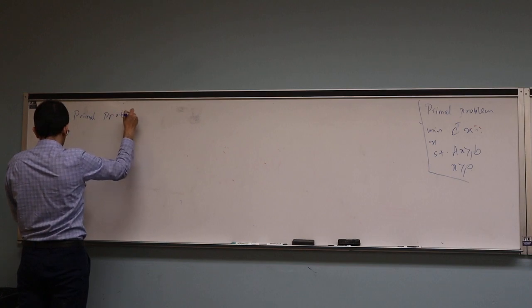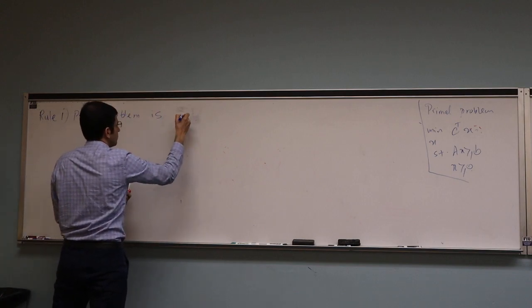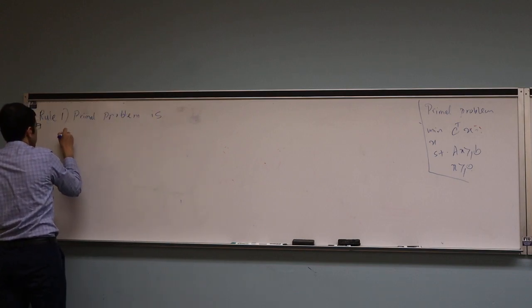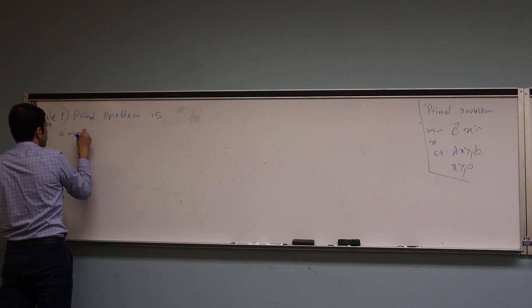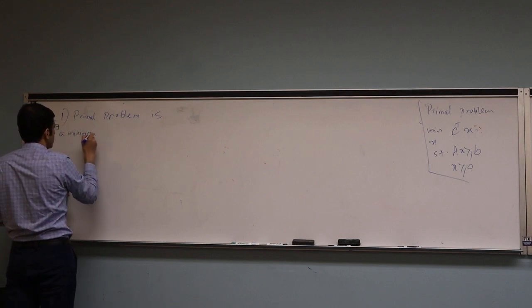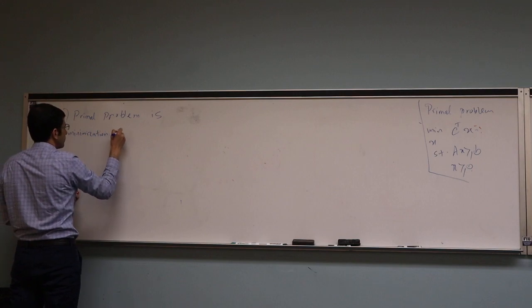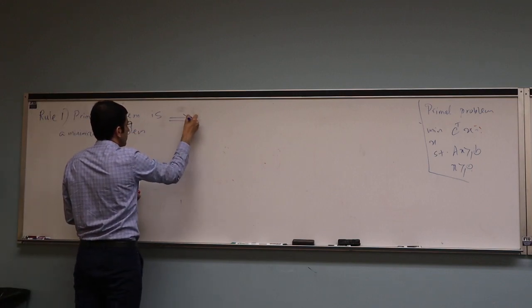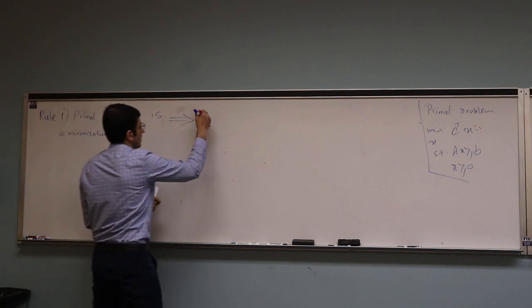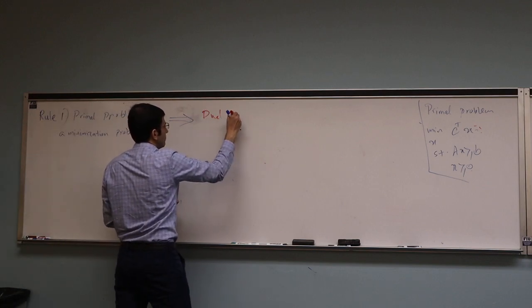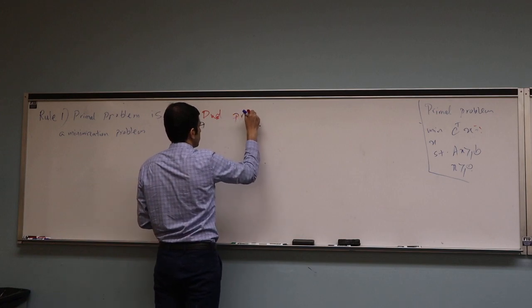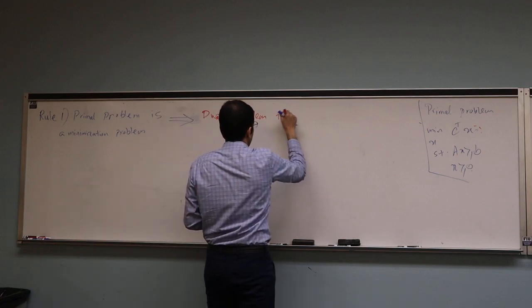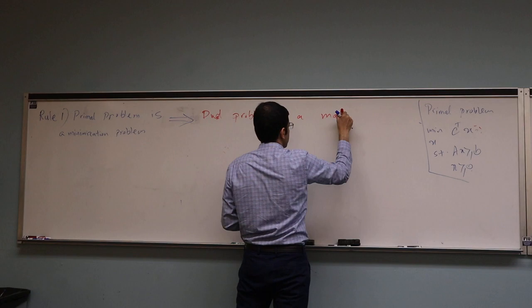If the primal problem is a minimization problem, then the dual problem is a maximization problem.